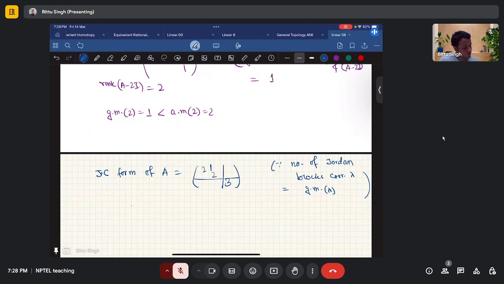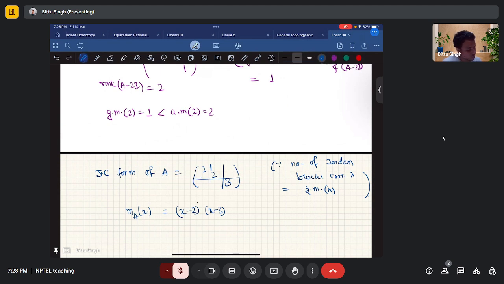And what will be the minimal polynomial of A? There will be one factor x minus 2, another factor x minus 3, and the size of the Jordan block is 2.